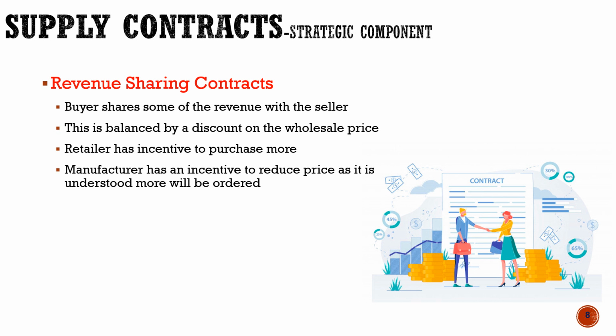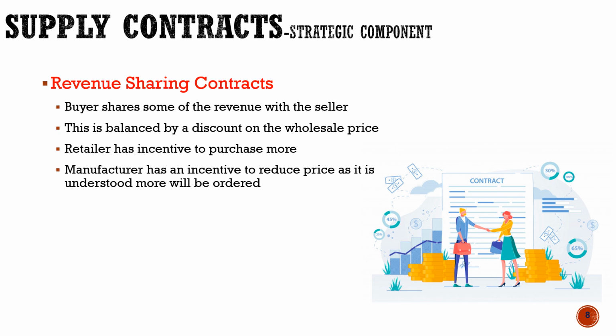The second type of contract is the revenue sharing contract. Under this type of contract, buyers share some of their revenues with the seller. This is balanced by a discount on the wholesale price. Therefore, the retailer has an incentive to buy more, given that if they buy more, they will get a discount, which is a good deal because they will buy the item at a lower price.